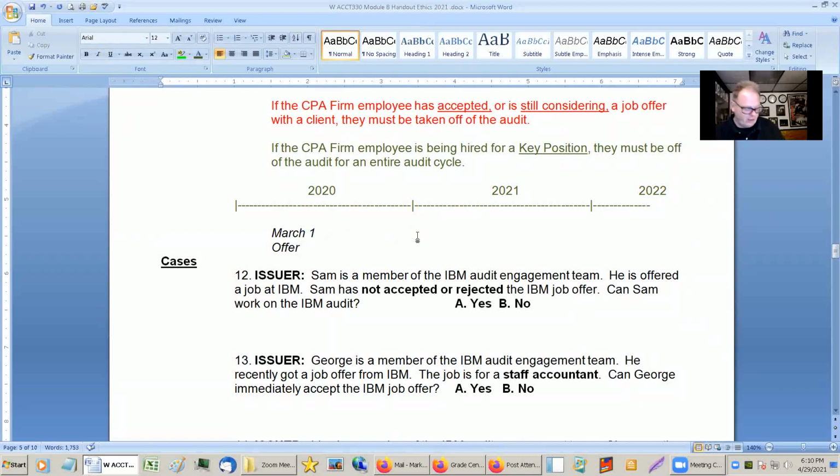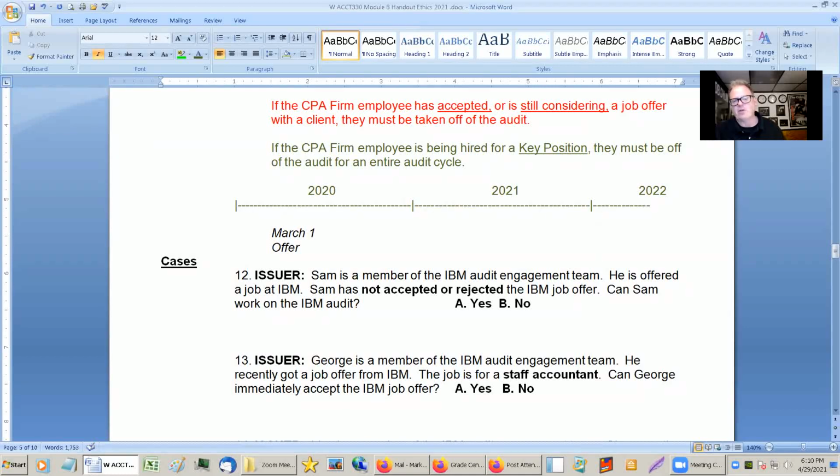You get to the end of the year, you haven't been off an entire cycle. You have to wait until you're off an entire audit cycle. So the entire audit cycle will be 2021. You're on it in this cycle.